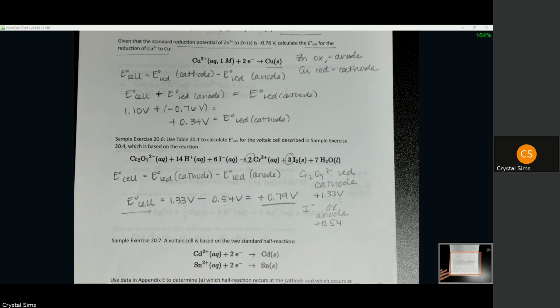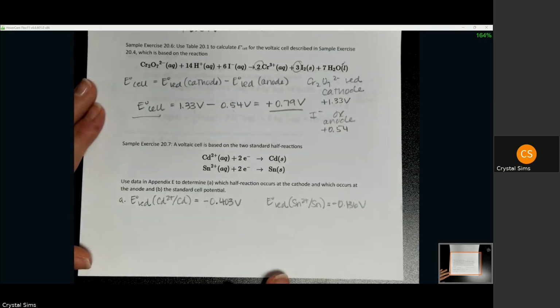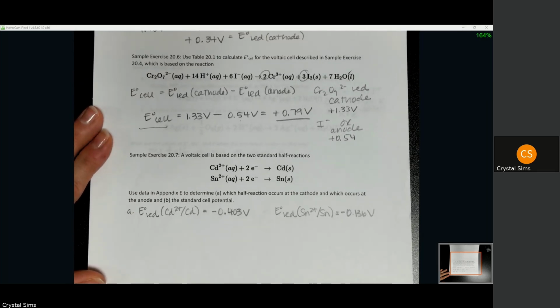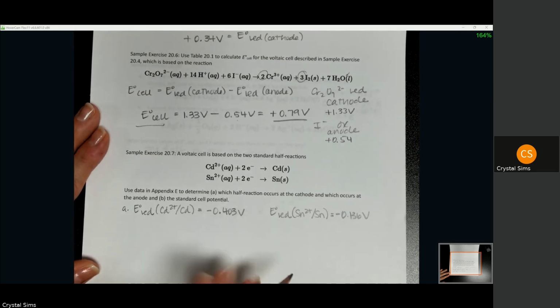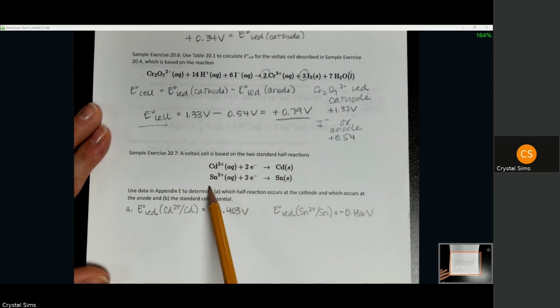Our next question, still digging into this equation, but a little bit differently here. They give us our voltaic cell, and they provide us just with the half reactions.